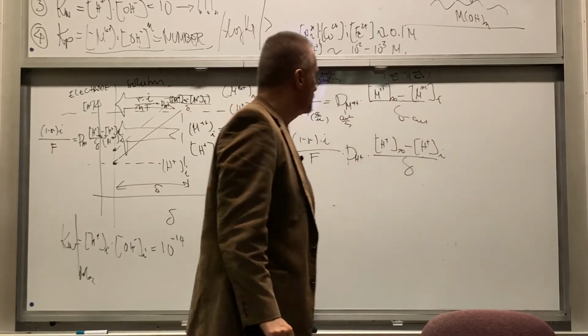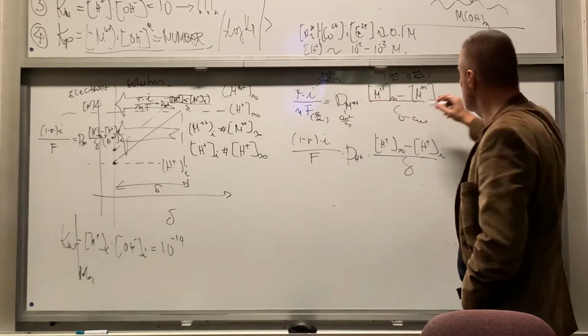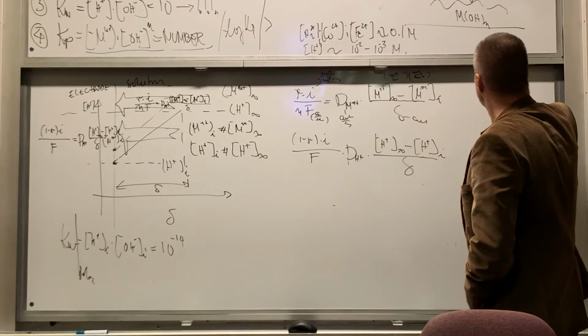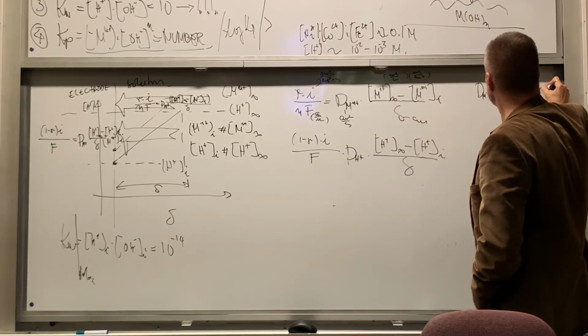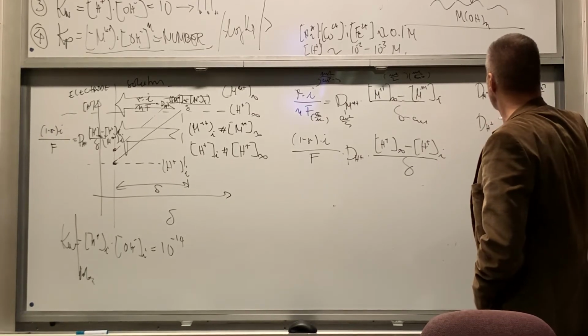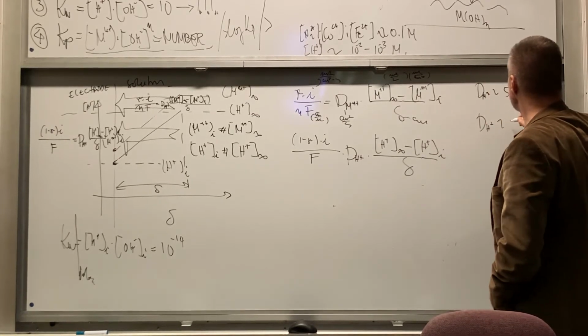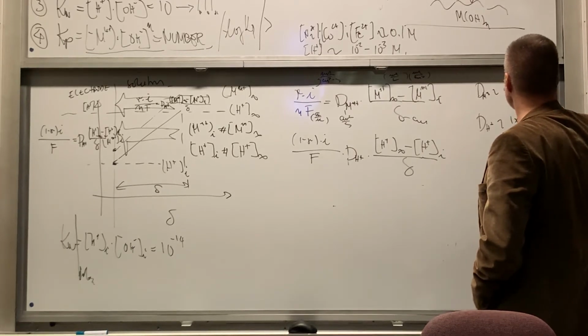Now, for your information, a typical number for diffusivity of metal ions in the solution is of the order of 5 times 10 to the minus 5 centimeters square per second, and a typical diffusivity number at room temperature of hydrogen is about 1 times 10 to the minus 5 centimeters square per second.